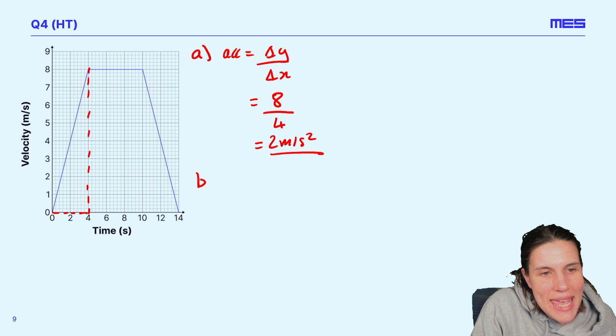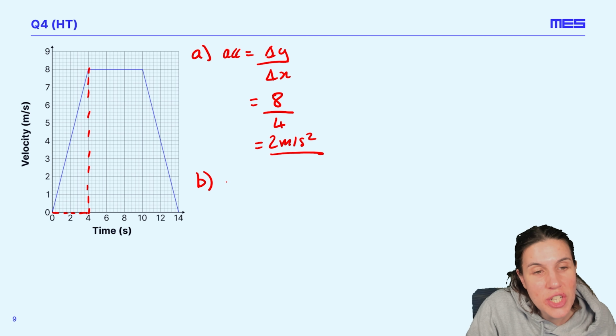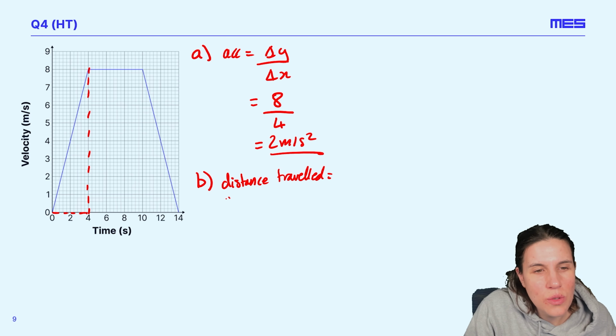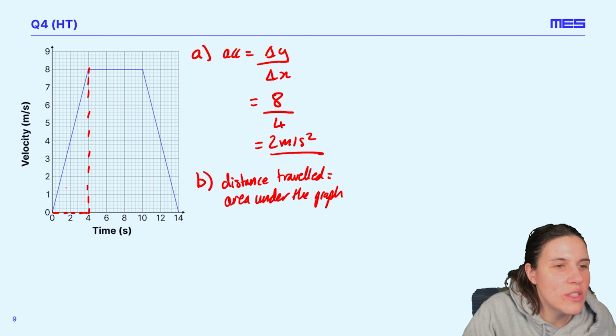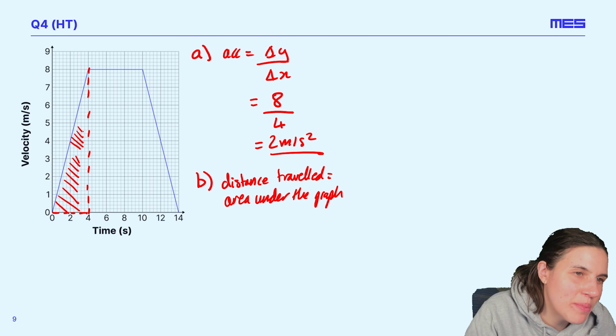Now, part B asked me to calculate the distance travelled in the first 4 seconds. Now, remember that on a velocity time graph, distance travelled equals the area under the graph. So I want to find the area of this shape here.